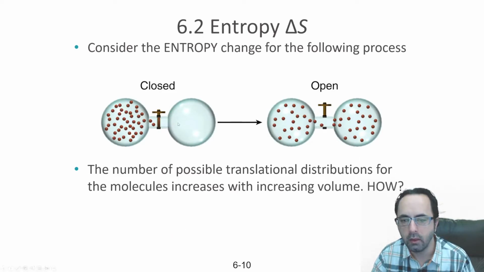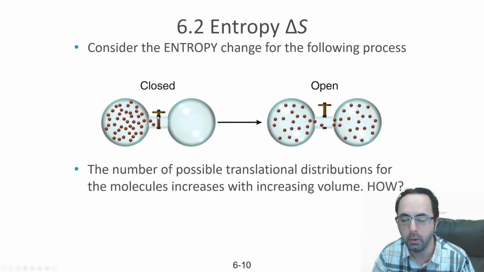What about for this? Remember that entropy has to do with the number of possible states and orientations that these molecules can occupy. Here is an example from everyday life that explains what entropy is. Let's say you have all these air molecules trapped in your tire, and this is the outside.